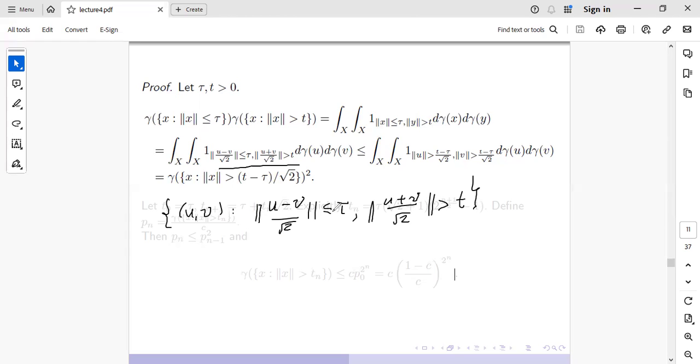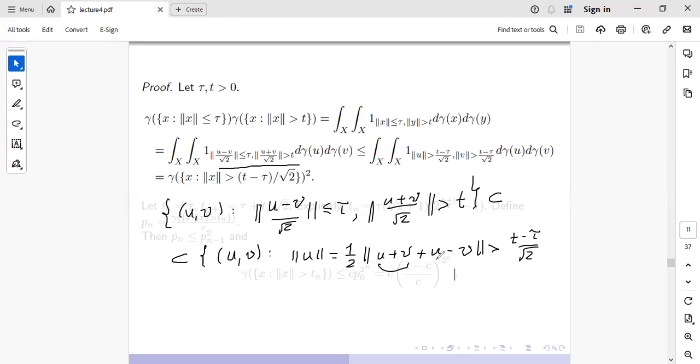But if these two conditions hold, then the norm of u, which is 1/2 the norm of (u plus v) plus (u minus v), will be bigger than t minus tau over root of 2, because this norm is bigger than t root of 2, and this norm is less than tau root of 2.